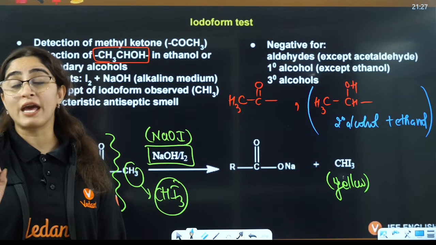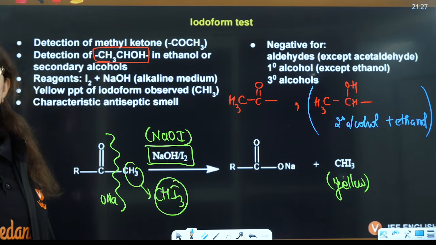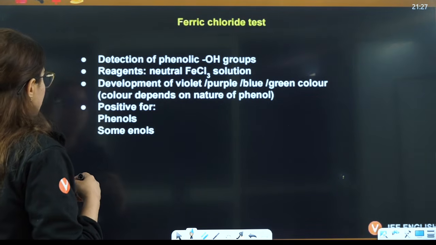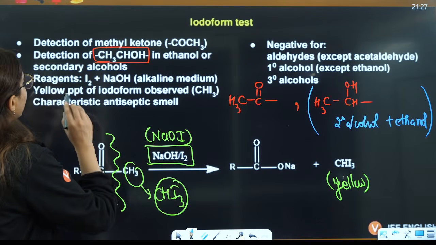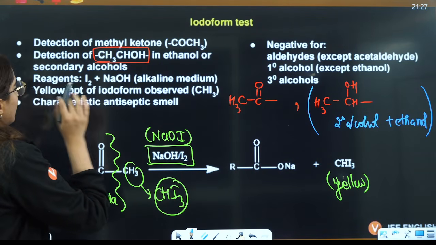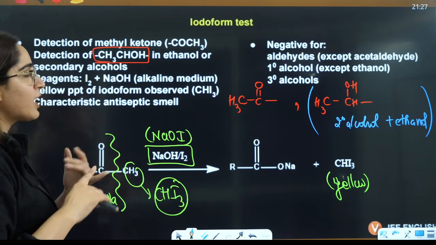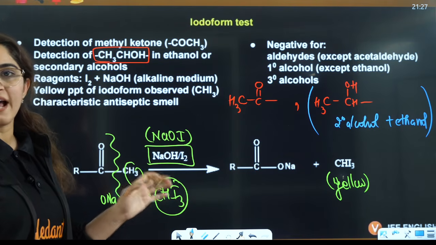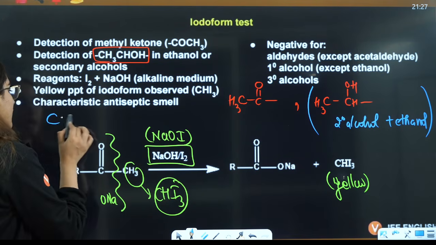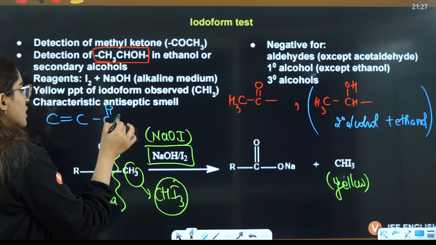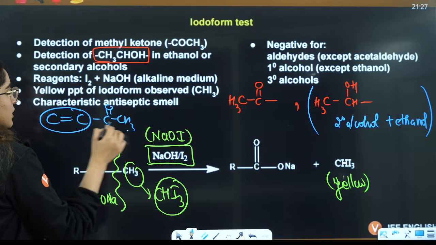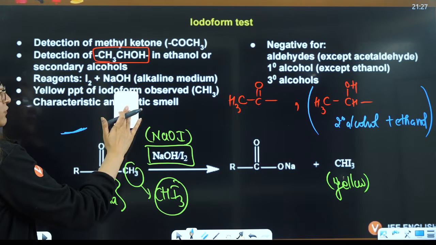So that is very important for the question of which of the following shows the iodoform test. One more thing, I think it is not written over here, but it does not react with the double bond. The double bond will stay as it is. For example, if I have some compound like this, this double bond will not react with the iodoform reagent.